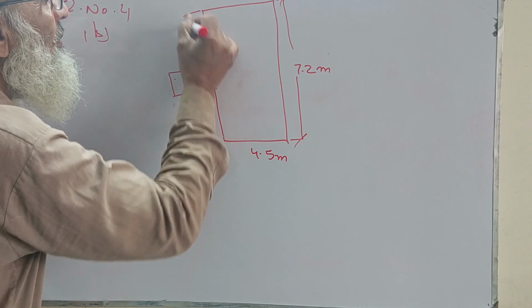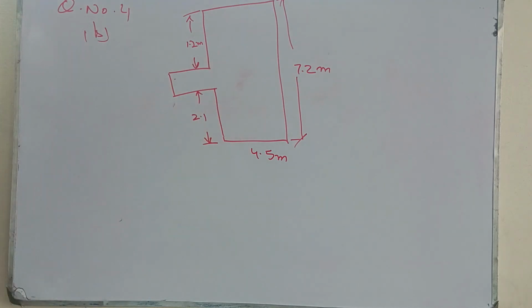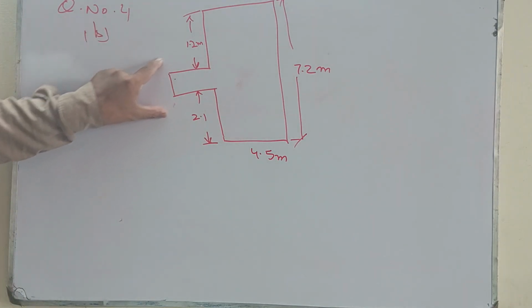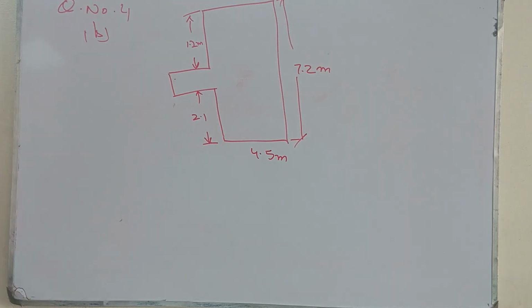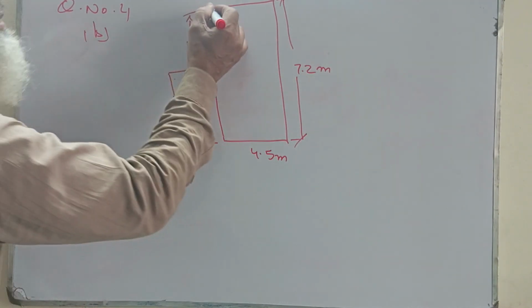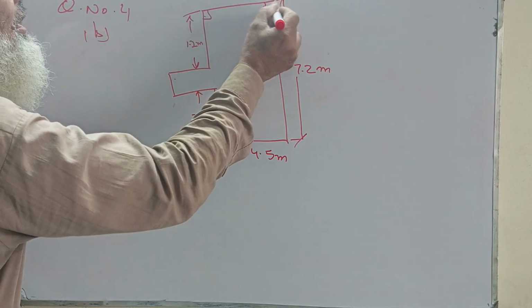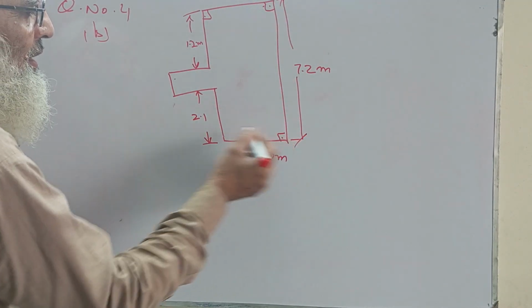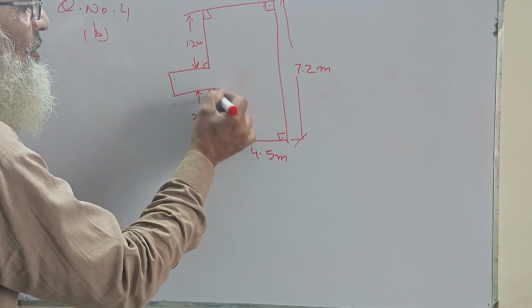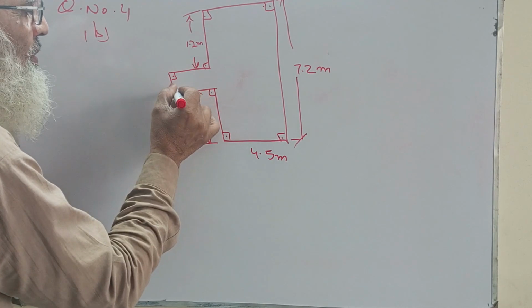You see that this notch is not in the center. All the corners are at right angles, which is a very good thing for us because there are in fact two rectangles.